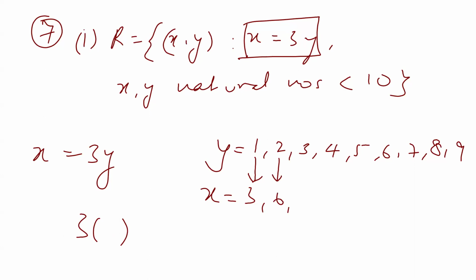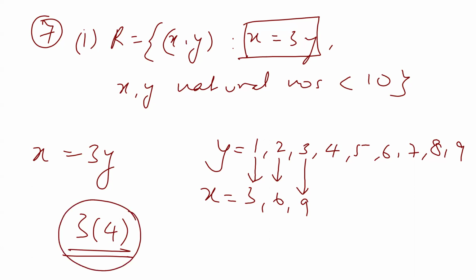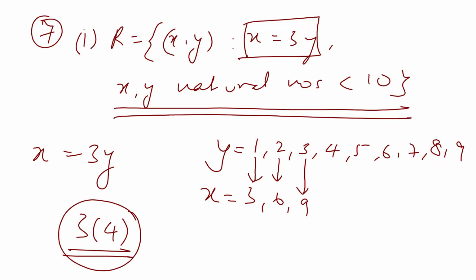The third value of y is 3. So 3 will be mapped to 9. The answer is 9. The fourth value of y is 4. Now see, when it becomes 4, the answer is 12, which is greater than 10. X and y are natural numbers less than 10. So 4 onwards, we cannot proceed because 3 into 4 is 12, 3 into 5 is 15, 3 into 6 is 18.